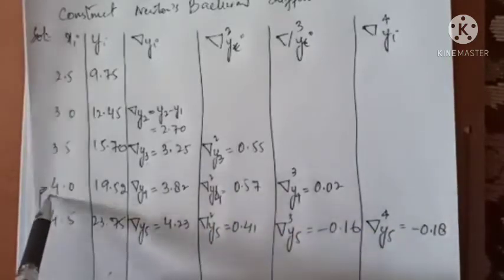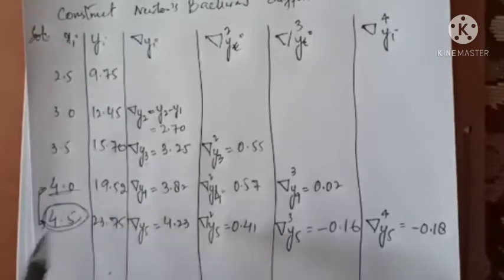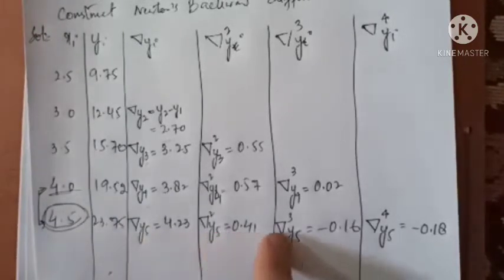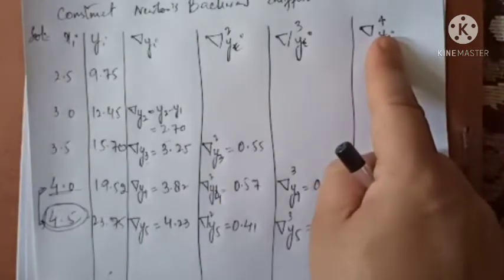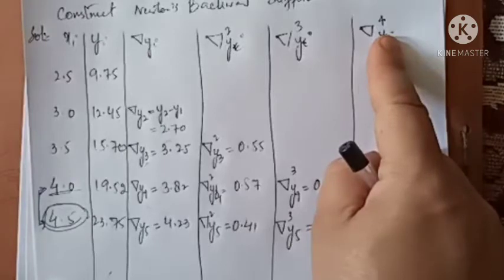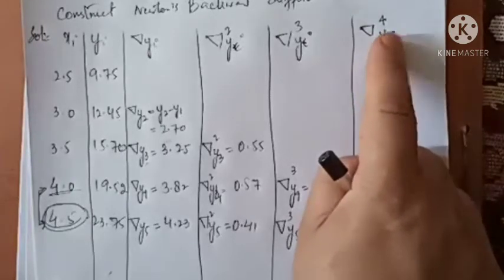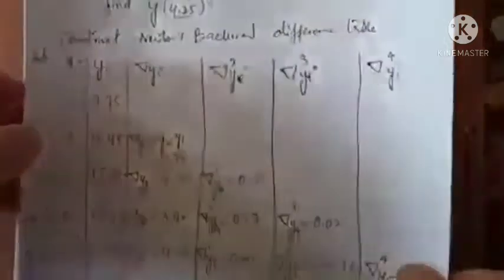So we have to estimate the value with reference to the last point. So we have to generate the formula up to the fourth order of Newton's backward difference interpolation formula, then we simply have to substitute the values and solve this. How do we derive it? We have just seen the derivation, so let us do that.